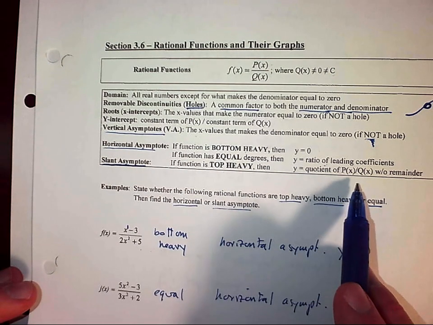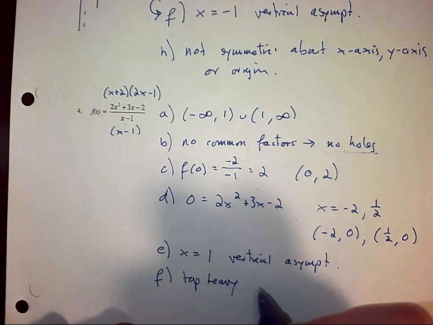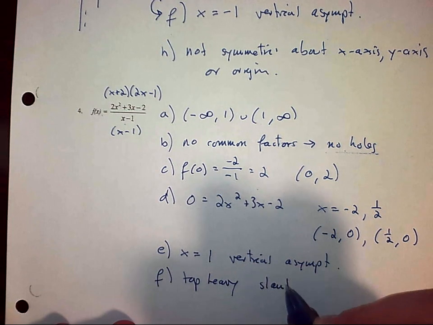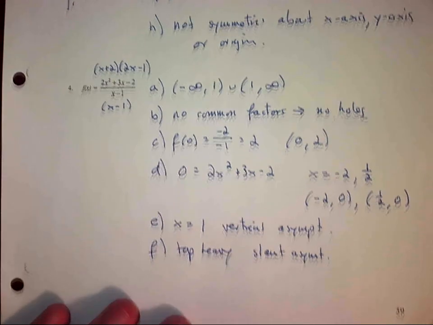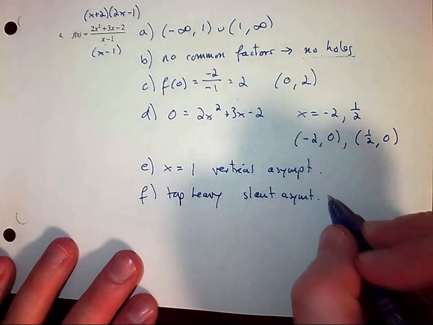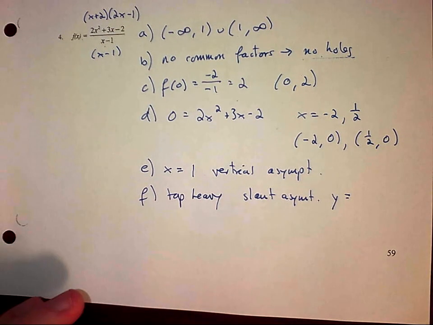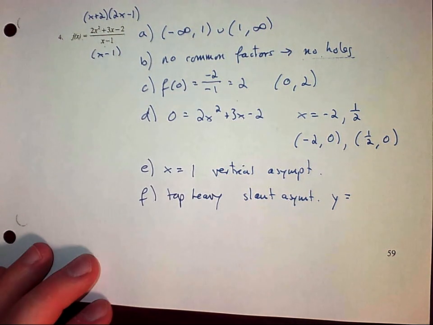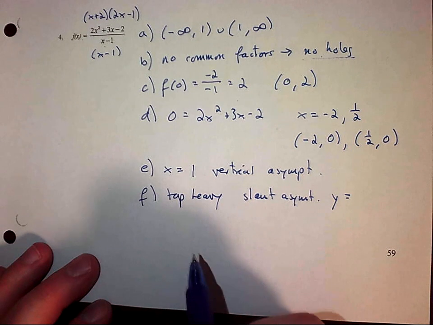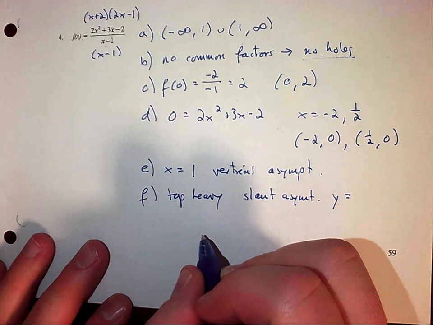And for a slant asymptote, we actually have to find this quotient. The way that we're going to figure out what our slant asymptote is, is by actually dividing these two things, and then not considering our remainder term. So, let's do it.